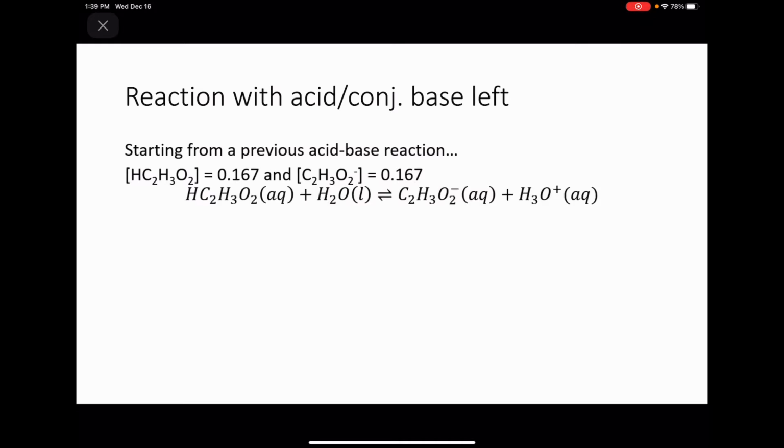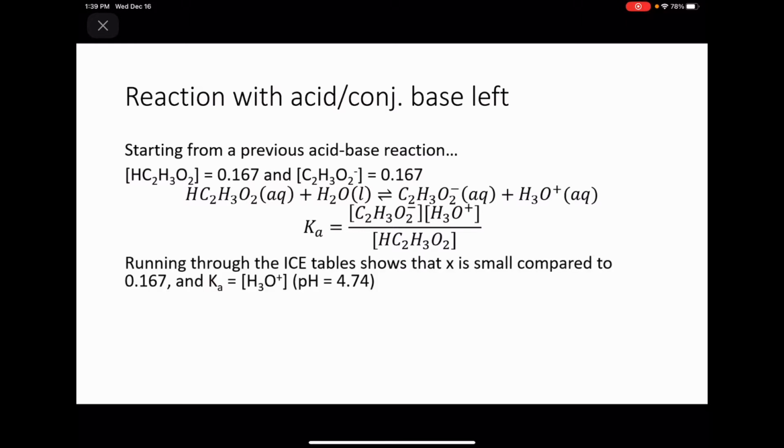Of course, just to remind you, the Ka for that would be acetic acid going to acetate and H3O plus. We could set this up and do the ice table to figure out the pH using the Ka, where we have our products over our reactants. Water doesn't count. If we ran through the ice table for this, and we're not going to do this in this video, we'd show that the X is small compared to 0.167.